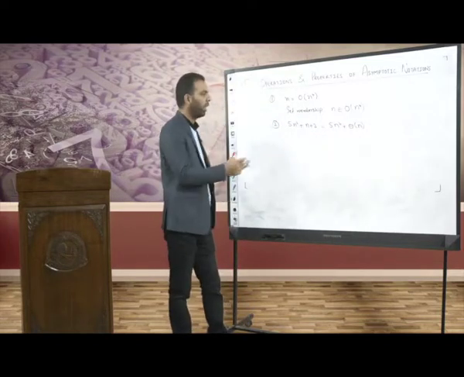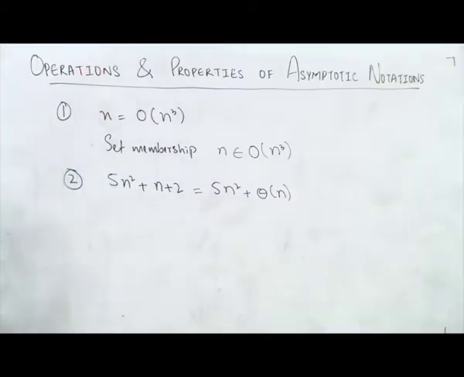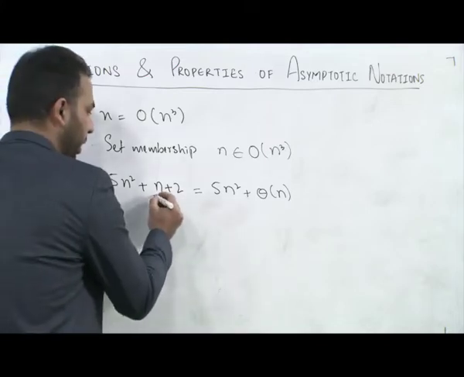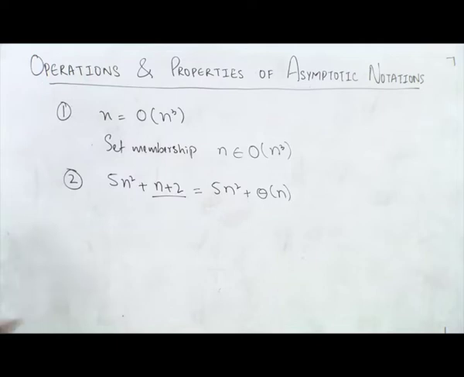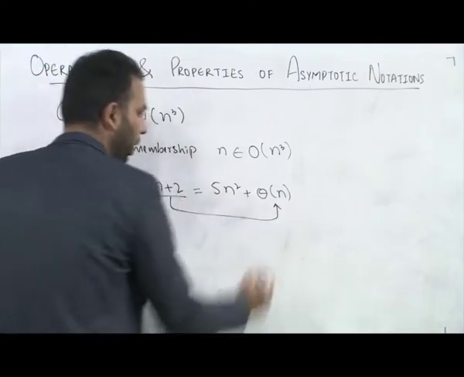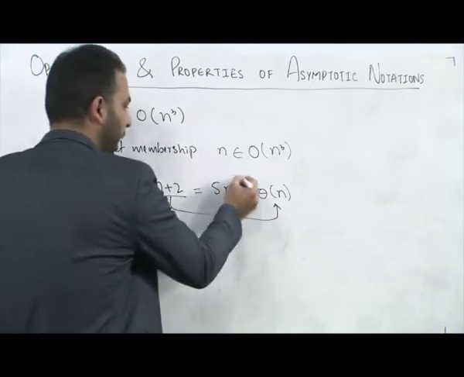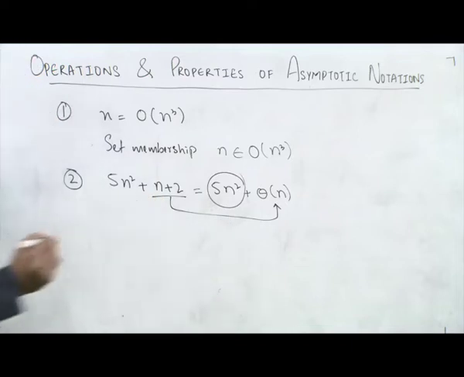Of course, it's on the right hand side, but it is in between the equation. So what does it mean? It means that we want to replace this with an anonymous function. Means we are only interested in this higher order term, that is 5n square.